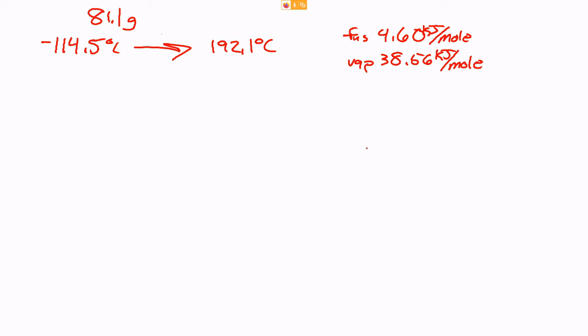And does it give you the specific heat capacities for them as well? Yeah, it says the specific heat capacity of liquid ethanol is 2.45 joules per gram Celsius, and that of gaseous ethanol is 1.43 joules per gram Celsius.